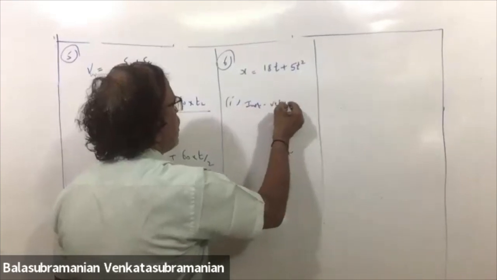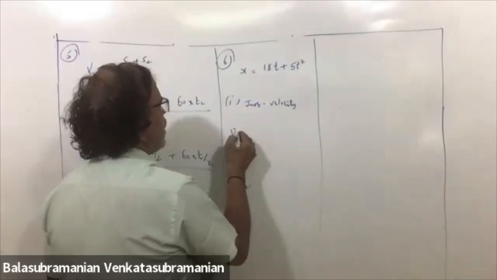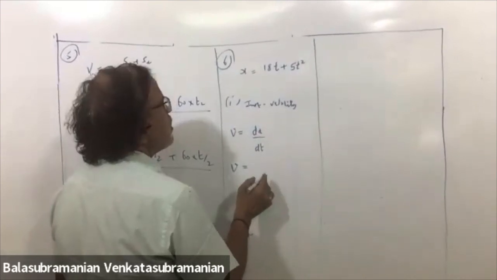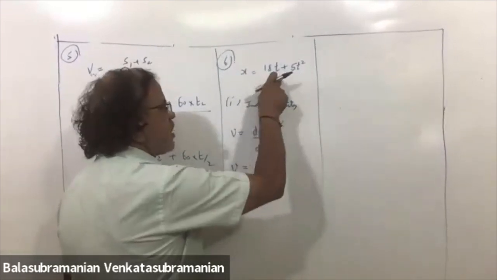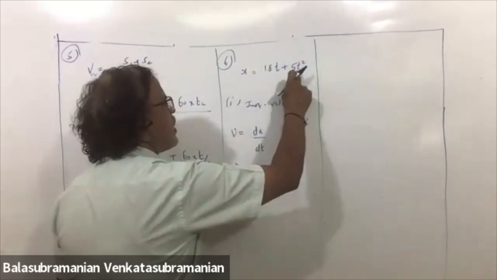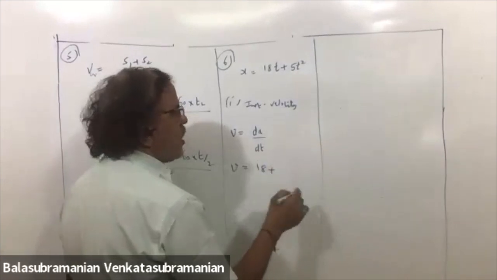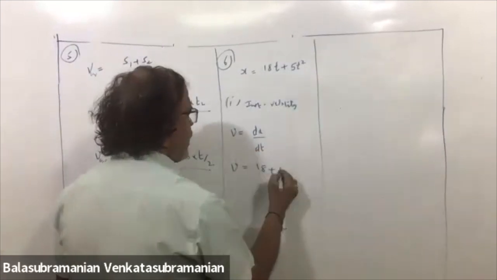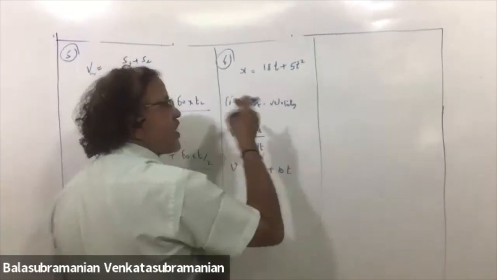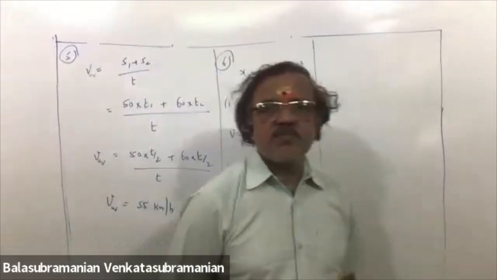First, instantaneous velocity. What is velocity? Rate of change of displacement. That is, you differentiate this equation. 18 plus 5t square. T square when you differentiate, you will get 2t. So 2 into 5, 10t. When you differentiate t with respect to t, the answer is 1.